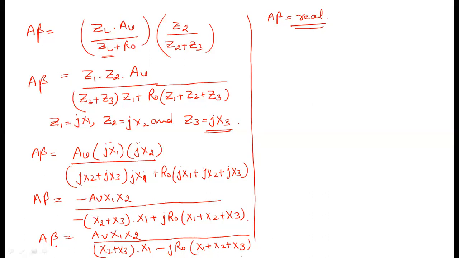So for A beta to be real, this term is equal to 0. Hence we can write it as R naught into x1 plus x2 plus x3 is equal to 0. Since the imaginary part should be 0, we can say that x1 plus x2 plus x3 is equal to 0.